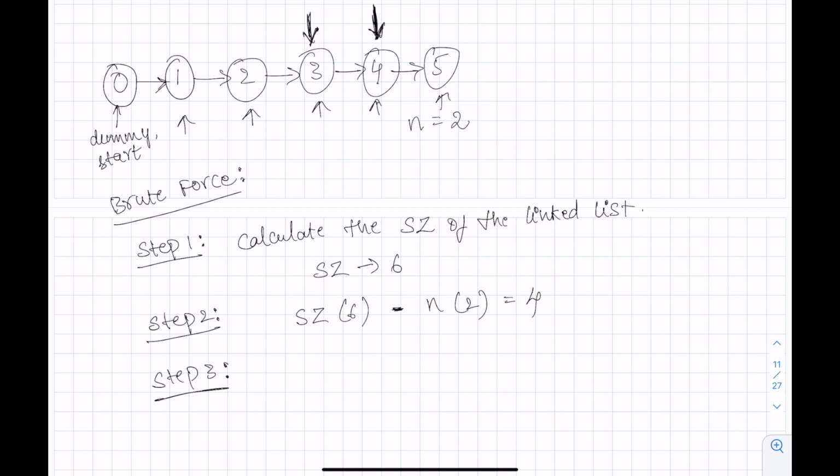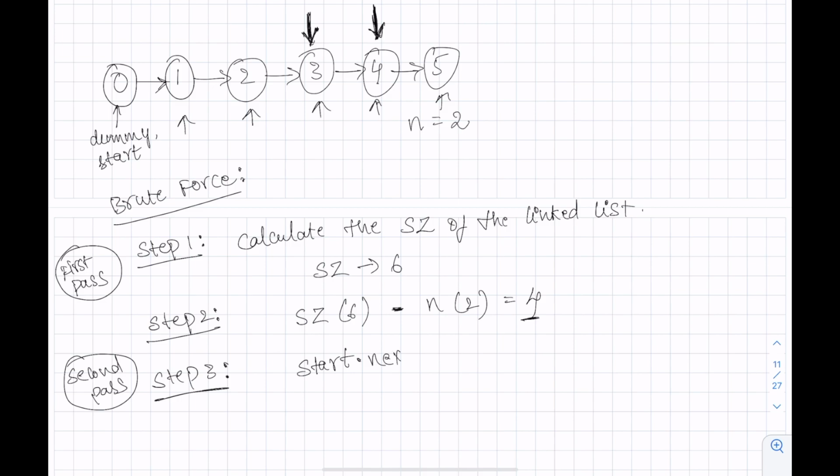Step 1 is the first pass, and this is the second pass. In this second pass, we'll be traversing by 4 steps, and we'll be here. Then we are going to do start.next is equal to start.next.next.